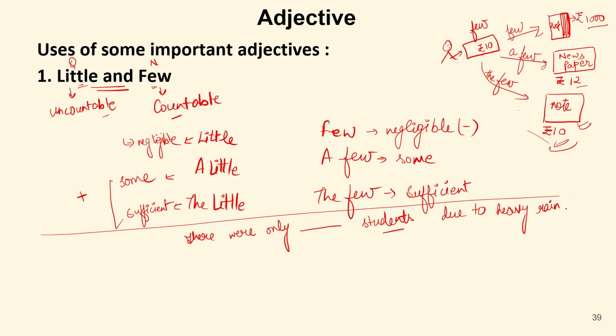So students, there were only few students. So here the word few should come, because that was a rainy day, maybe students did not come, or maybe only few students came. So the teacher did not take the test.